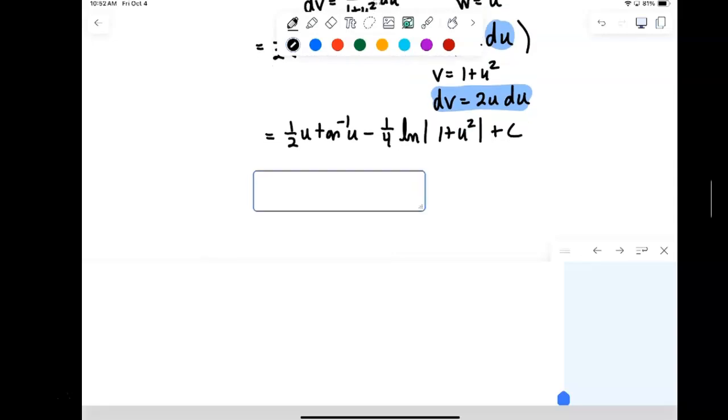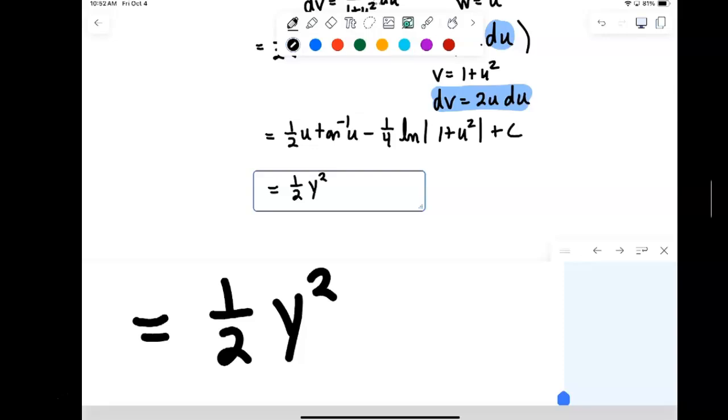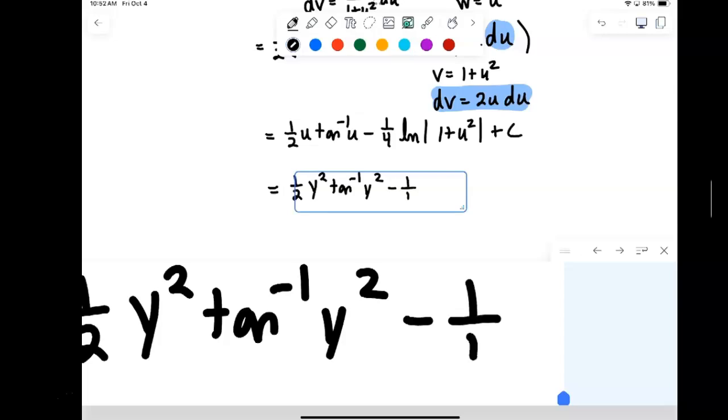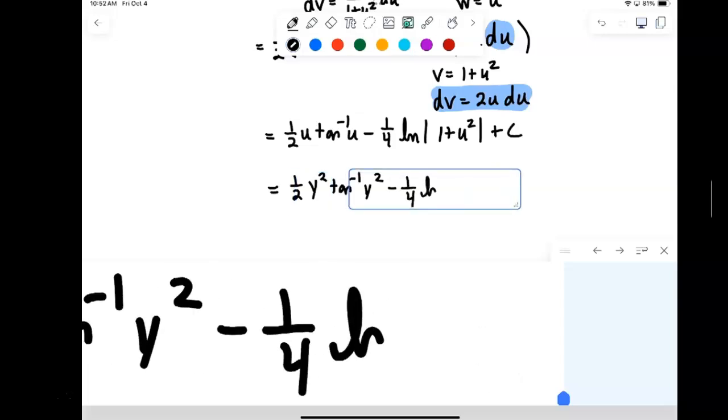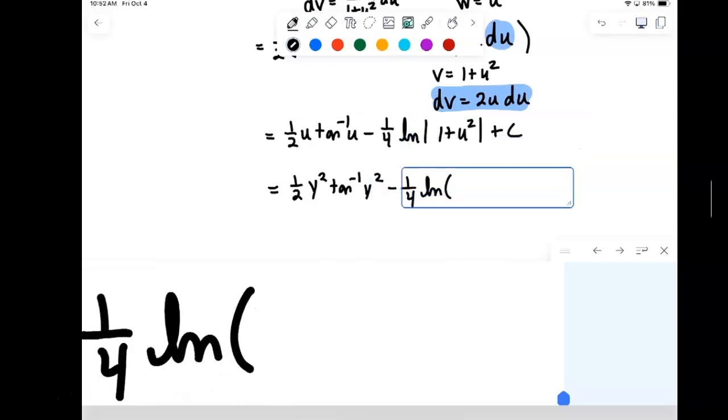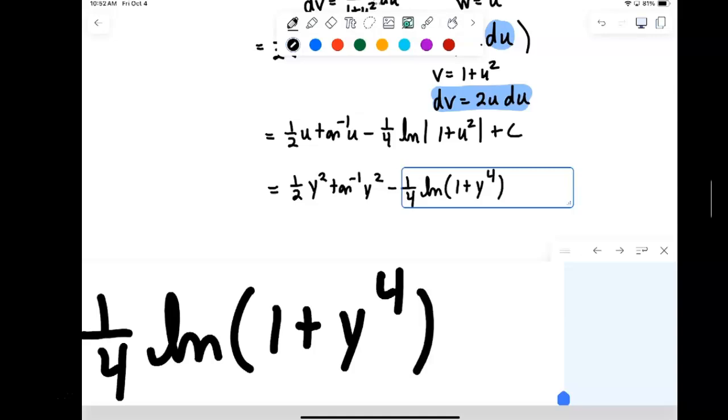So this will become 1/2 y squared inverse tangent of y squared minus 1/4 ln. Again, we can drop the absolute value and we put y squared in for u. That would be y squared squared. It would be ln of 1 plus y squared, or y to the 4th, sorry, plus a constant.